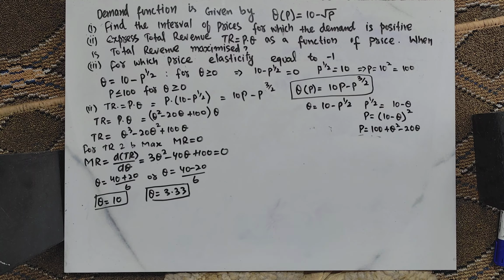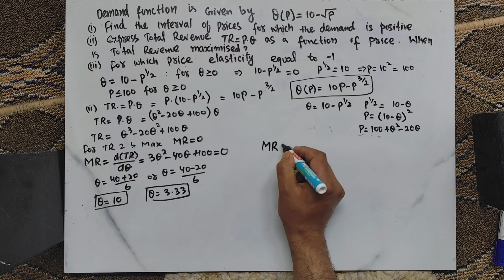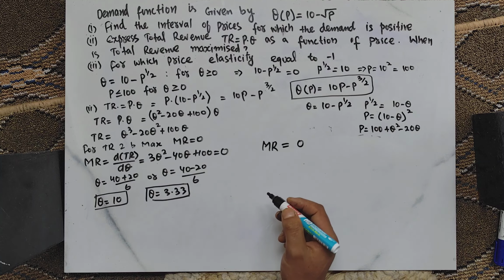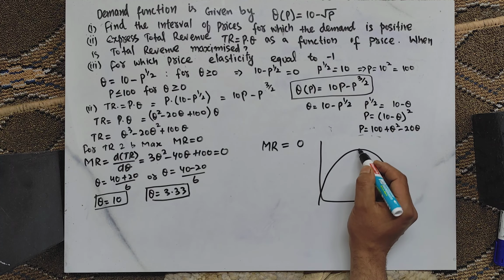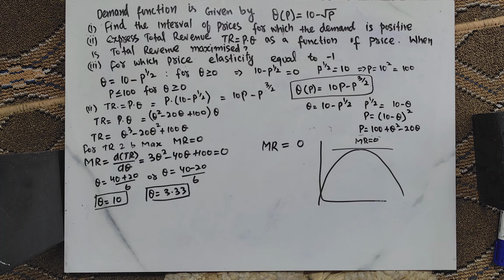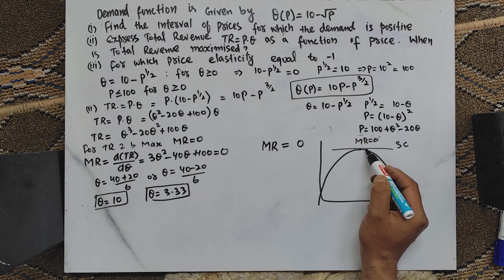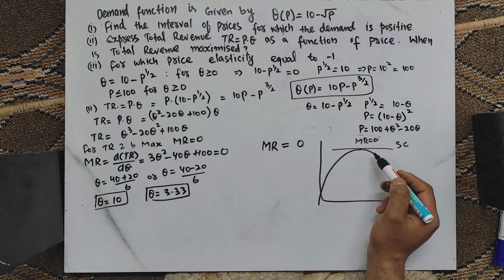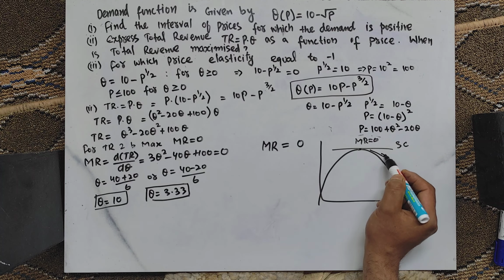Okay, since we had to find the maximum of the total revenue, the first condition was that marginal revenue should be equal to 0 for maximum. Second condition is that the slope of the marginal revenue function should be negative.